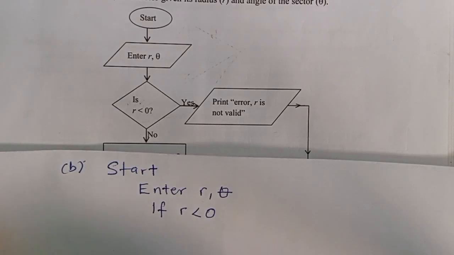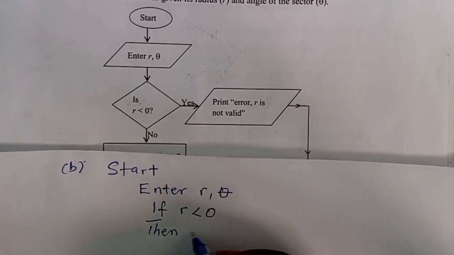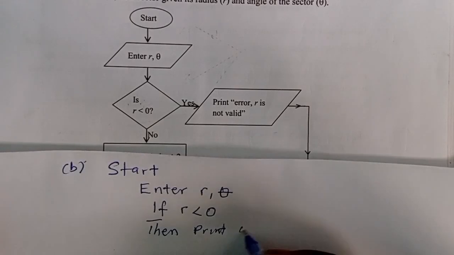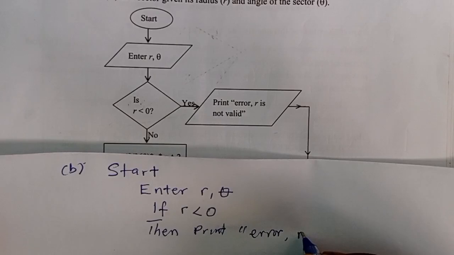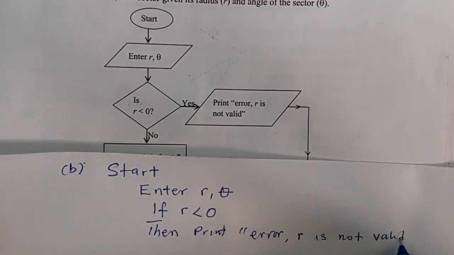So you say then, if it is a yes, you say then print error r is not valid.